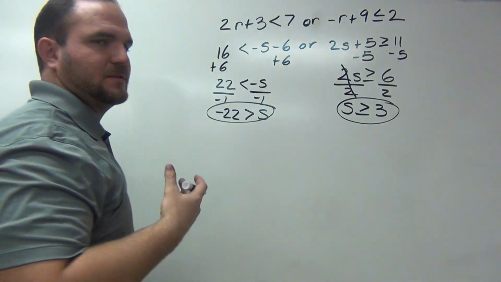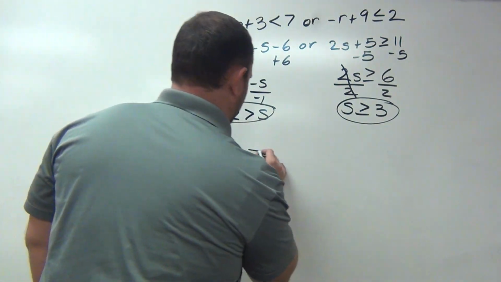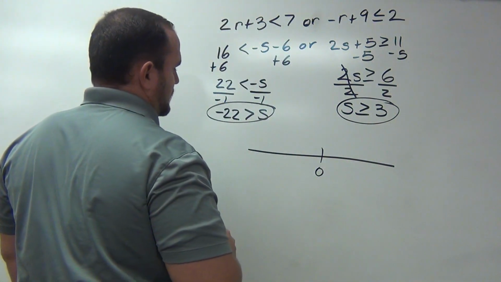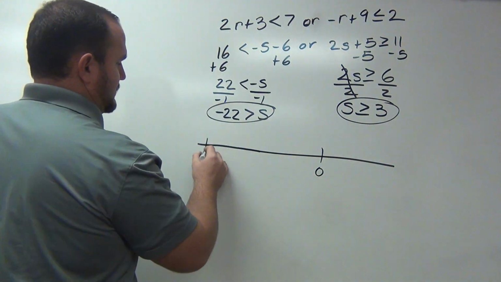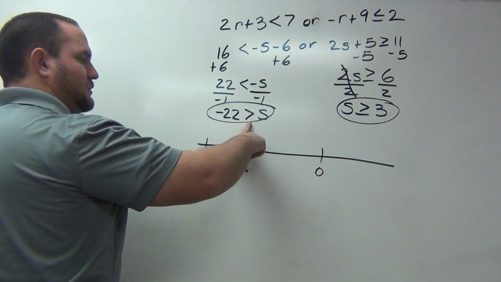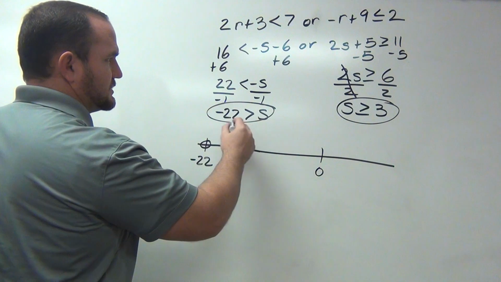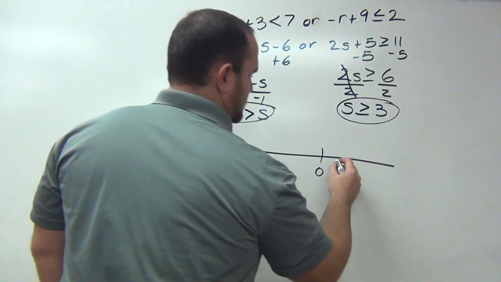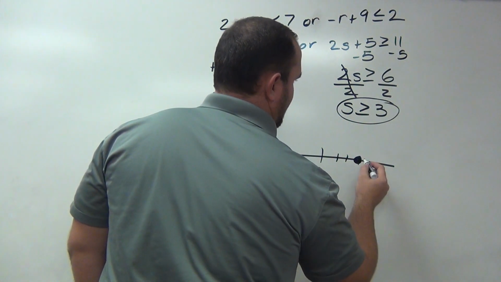So now let's go ahead and put this onto a single line, or line graph here. -22 is going to be a big number, so let's estimate where -22 is down here. Now our circle is going to be an open circle because there's no equal sign underneath it. This one's going to be a solid one, and I'm going to put 3 where it actually is supposed to go.